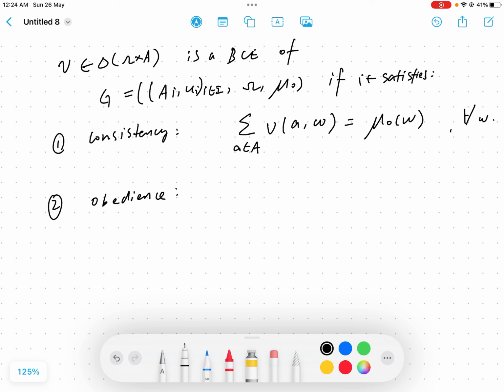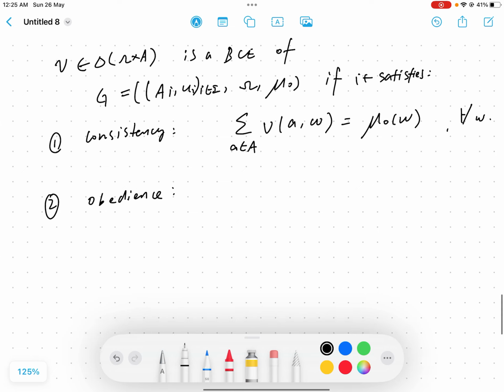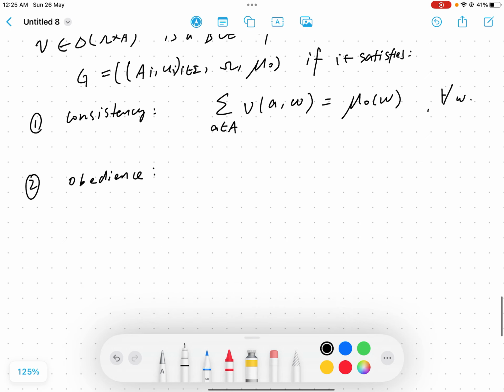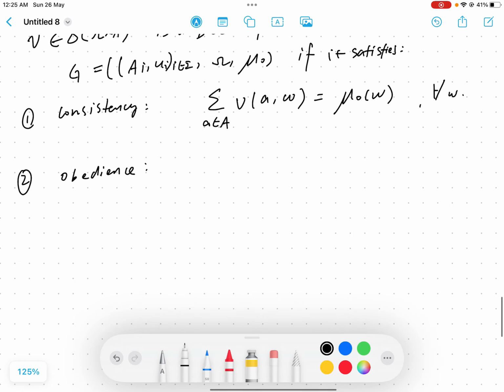The receiver, or this judge, or this decision maker, has to have this sort of obedience toward the sender, or toward the information designer, to achieve this Bayes correlated equilibrium, right? So that's some sort of the meaning or the definition or some background of that.